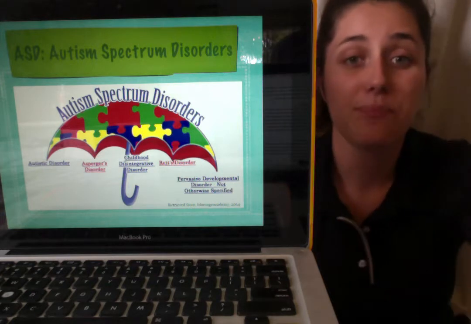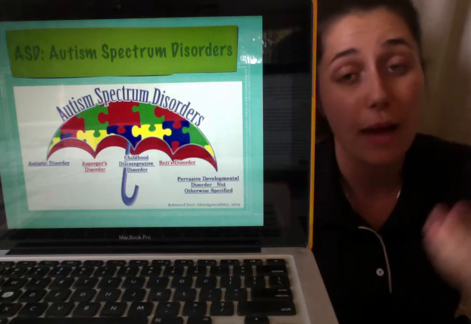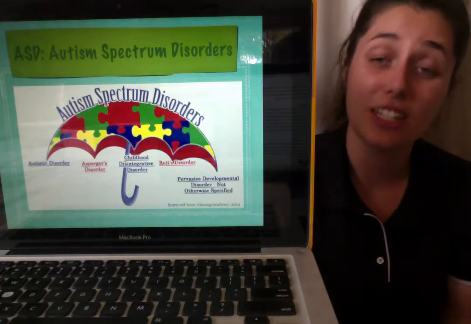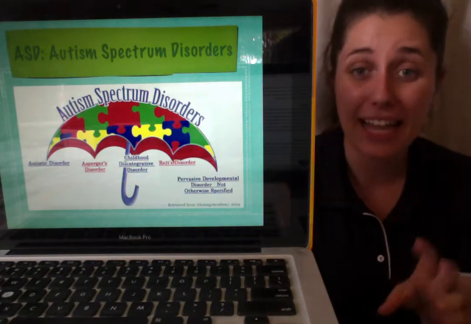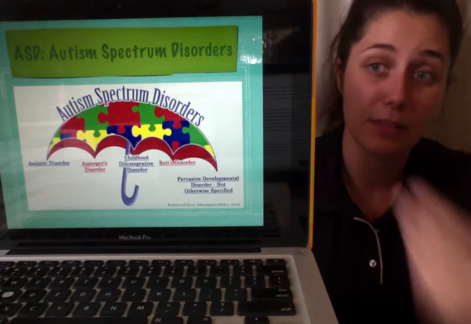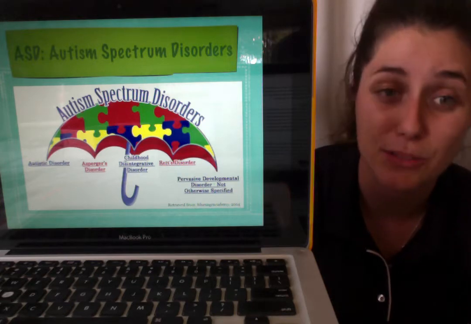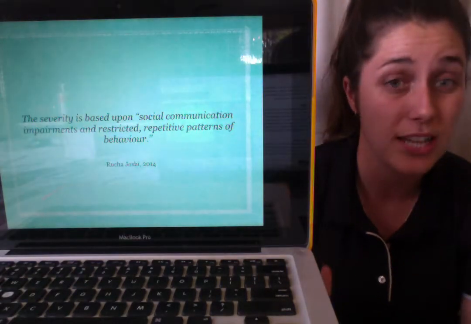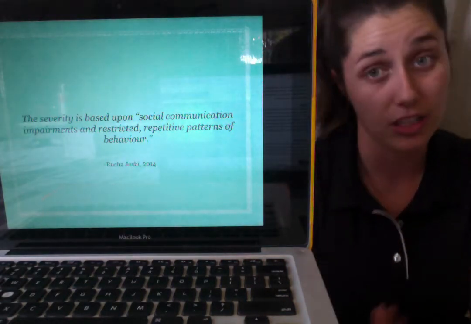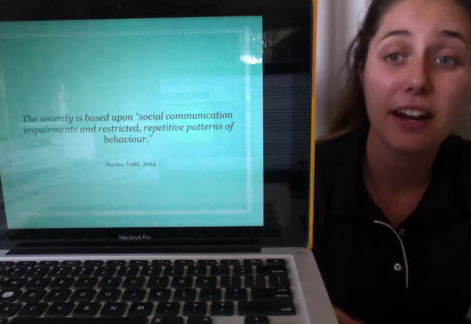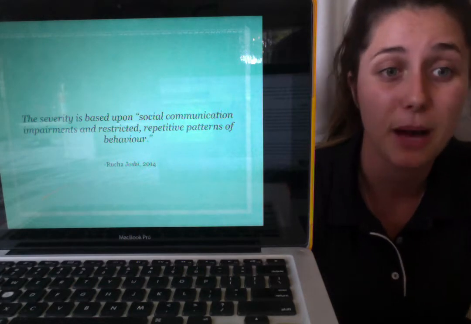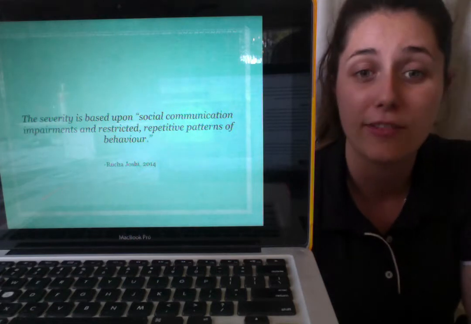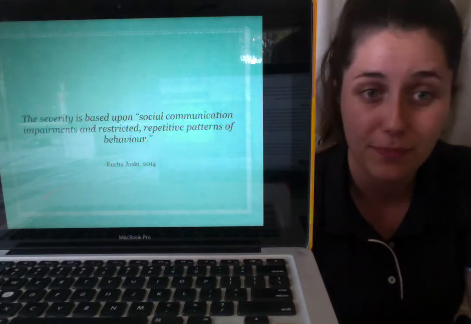In earlier times, Asperger's was recognised as a standalone condition, and nowadays they're all recognised under this lovely banner, autism spectrum disorders. Today, autism spectrum disorders are distinguished by severity, which is characterised by social communication impairments and restricted repetitive patterns of behaviour.